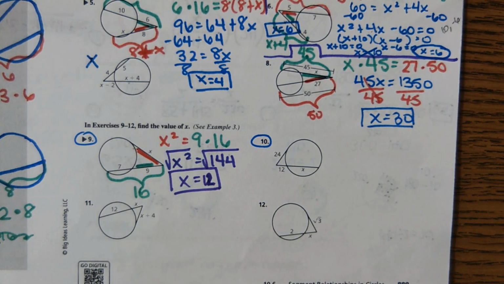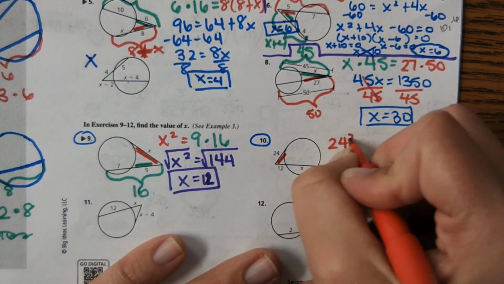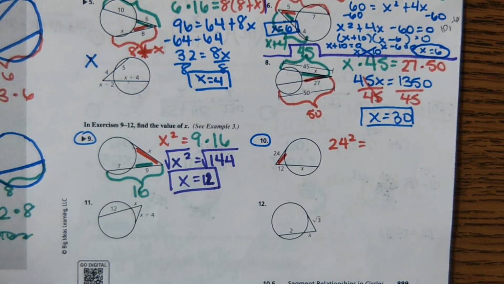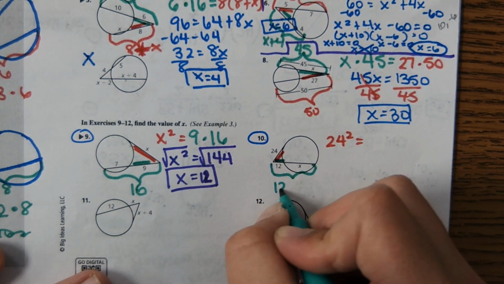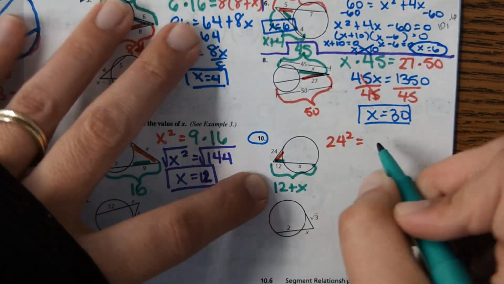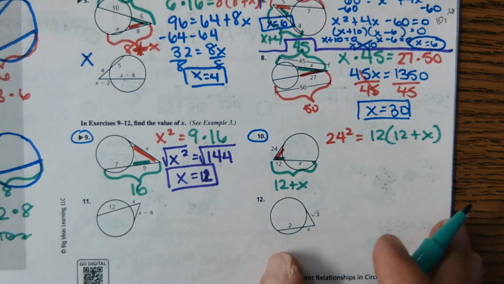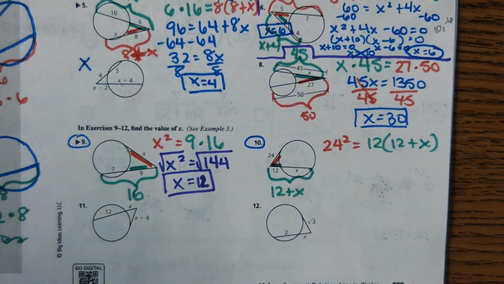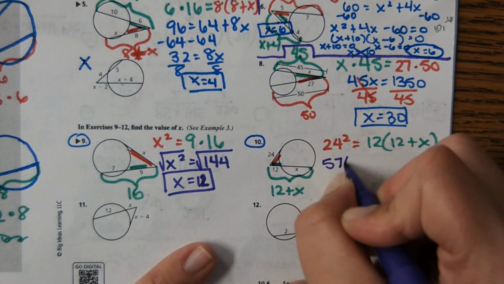Okay, number 10, same type of problem. So we have this segment here that is going to be squared, so it's 24 squared equals this exterior segment times the length of the whole thing, which would be 12 plus x. So 12 times 12 plus x. 24 squared is 576.